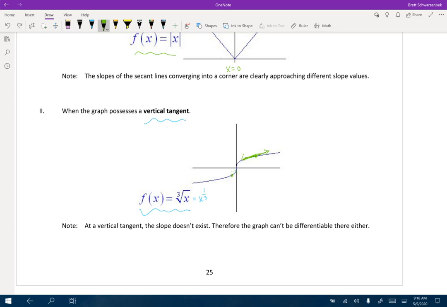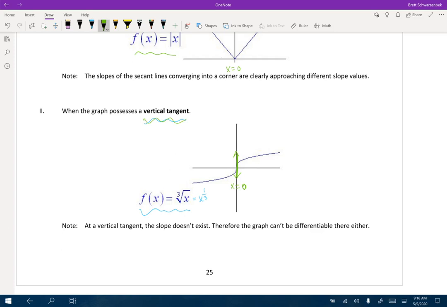So let's say I went to, again, x equals 0, and I tried to draw a tangent. What would that look like? Well, the tangent line looks like a legitimate line, but the tangent line is actually vertical. So hence, vertical tangent.